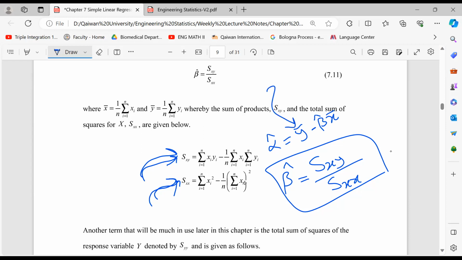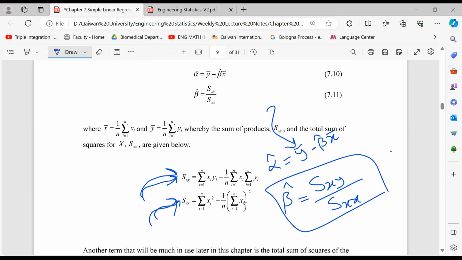Y bar is the sum of all data for y divided by the number of data of y. Let's say we have 10 data for x and 10 for y. Then y bar is the sum of all y values divided by 10, and x bar is the sum of all x values divided by 10.